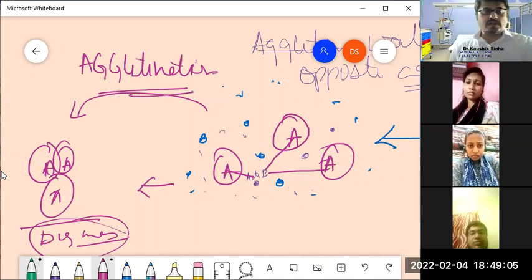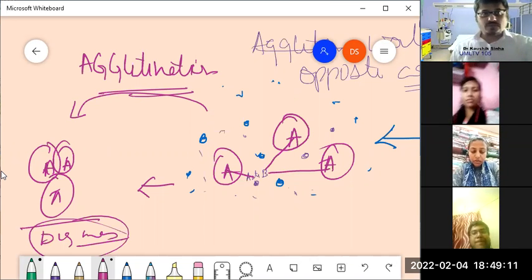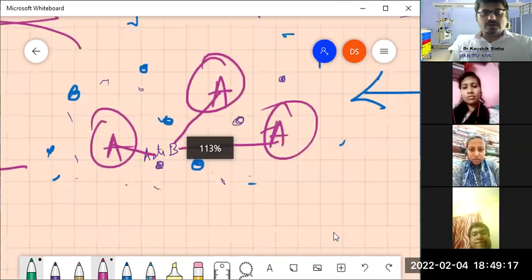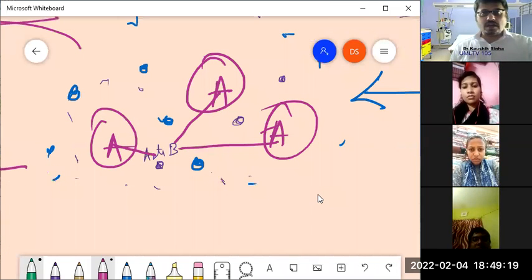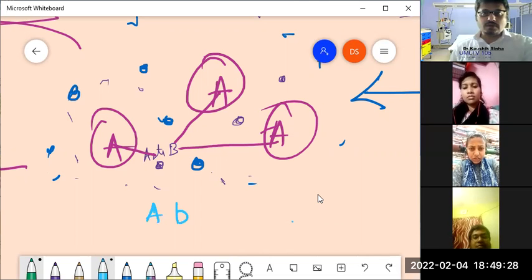Did you understand what is agglutination? So please, let me explain once again. Here I have used 3 different colors. This particular situation is representing an A blood group.